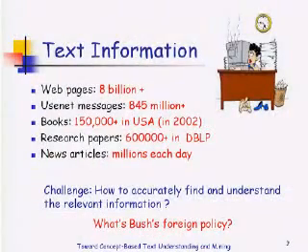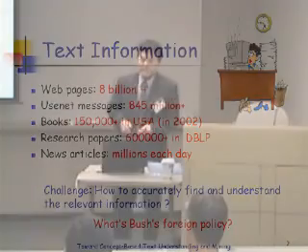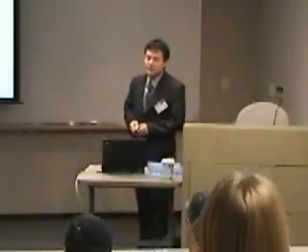There are also a lot of research papers and news articles. Basically, all of them are text information. Then one big challenge is, when a user wants to find some information about some relevant topic, how could we build a computer system that can help people accurately find and understand relevant information?